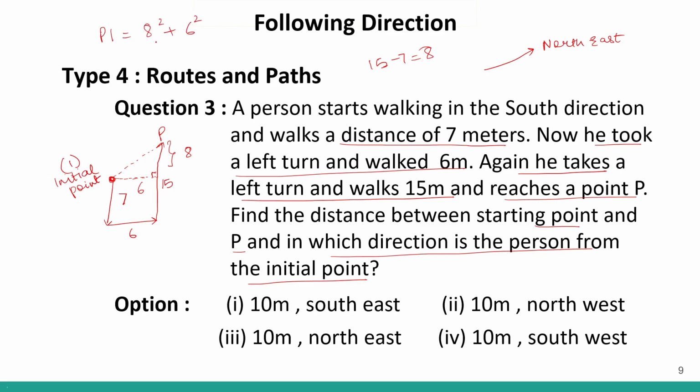So 8 squared is 64, 6 squared is 36, total is 100. So IP squared equals 100. So the distance IP will be the square root of 100, which will be 10. So 10 meters towards the northeast will be the correct answer, which is option number 3.